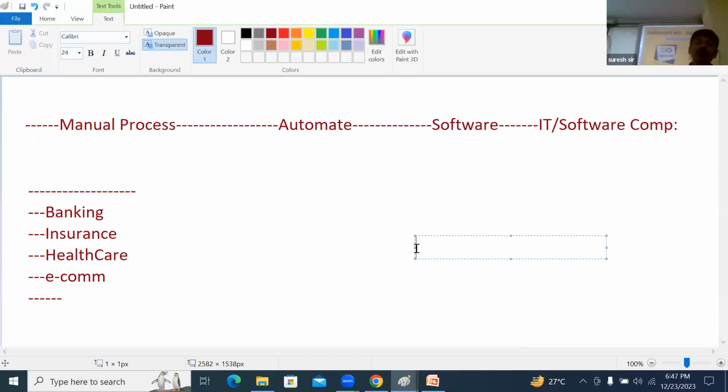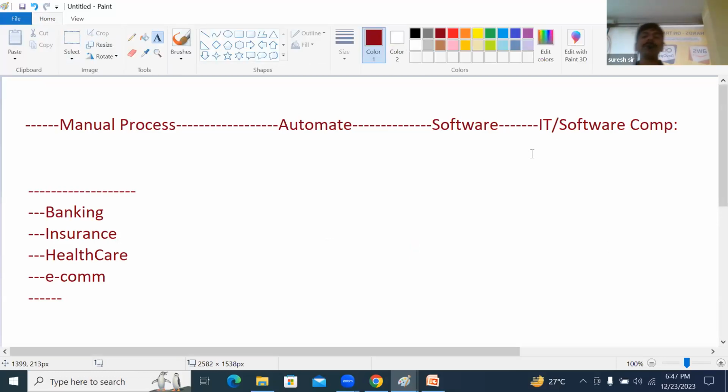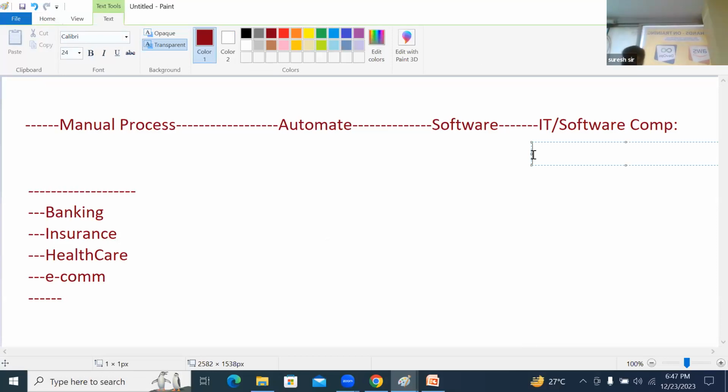So according to your business requirement, if you want to purchase any kind of software, you need to visit that particular IT company or software company. Okay. Now assume that you started visiting one of the IT companies.